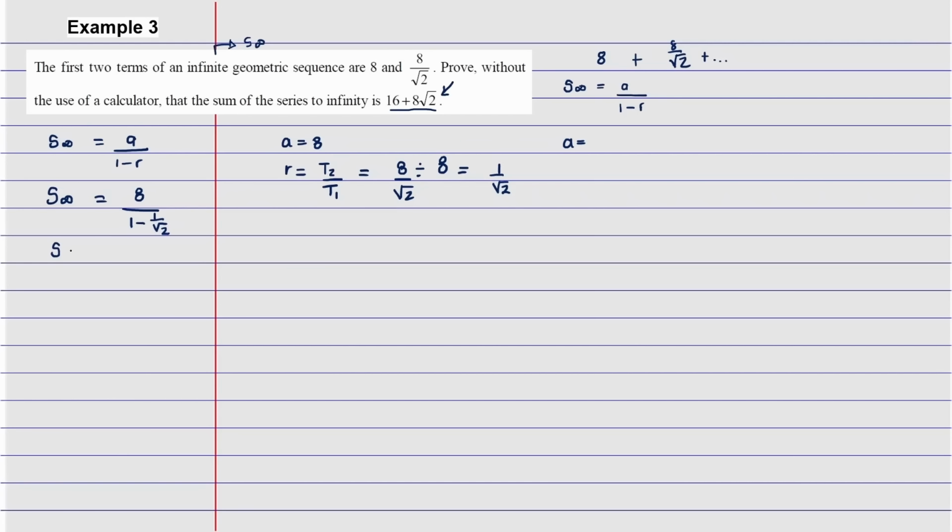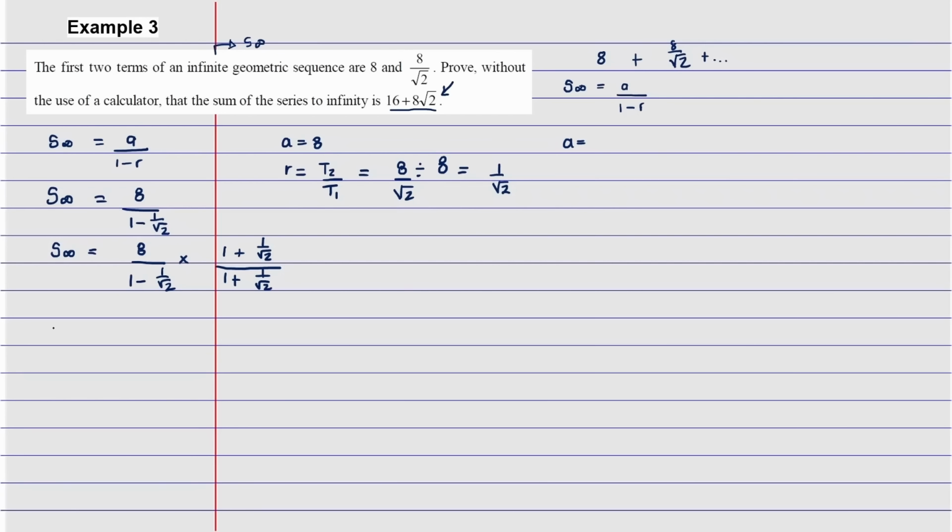So we're going to say S to infinity is equal to 8, over 1 minus 1 over root 2. And this is going to be multiplied by 1 plus 1 over root 2, because we want to get rid of the denominator. Then we multiply numerator to numerator and denominator to denominator.